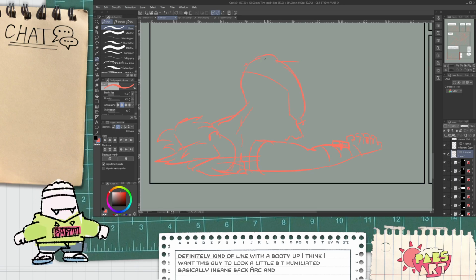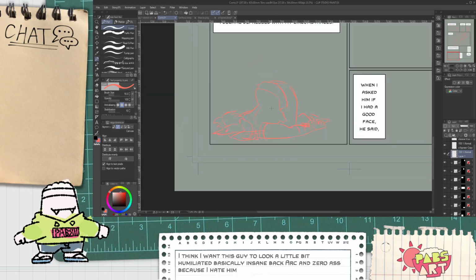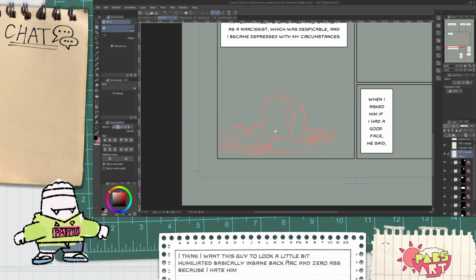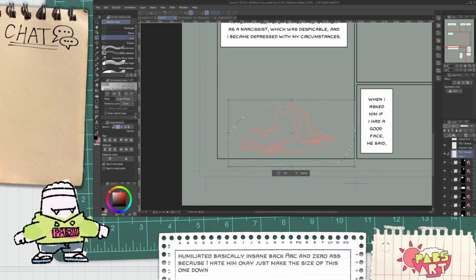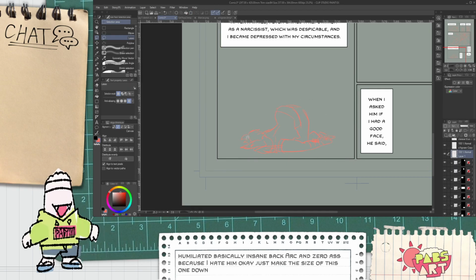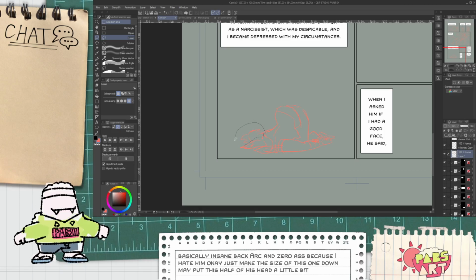And zero ass, because I hate him. Okay, just size this one down. May put this half of the head a little bit lower.